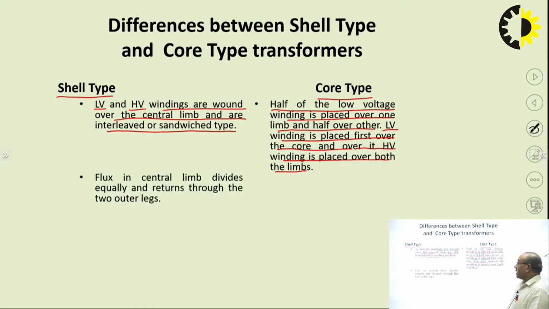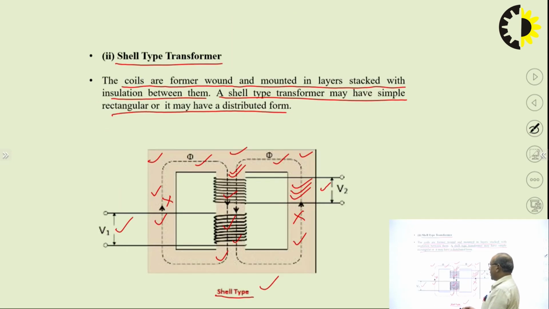Other than that, in shell type transformer, the flux in the central limb divides equally and returns through the two outer legs, that we have seen in this diagram, that the flux developed in the central limb is divided equally in the outer limbs.